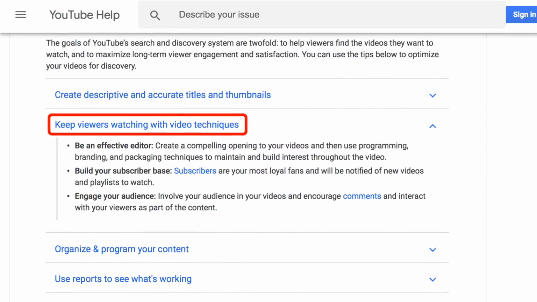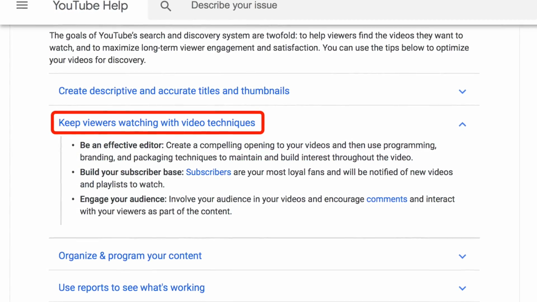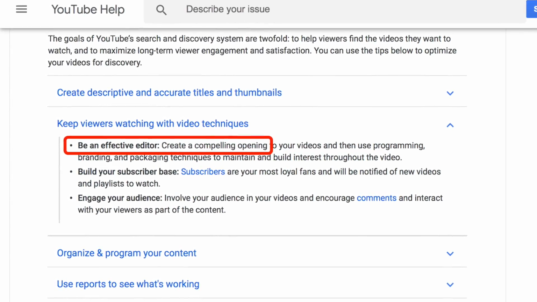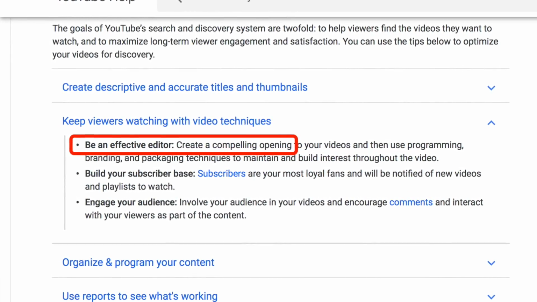Alright, let's move forward to the next section. Keep viewers watching with video techniques. And that is all about watch time. Be an effective editor. Create a compelling opening and so on. Yeah, compelling opening is very interesting because that motivates people to really watch the whole video.